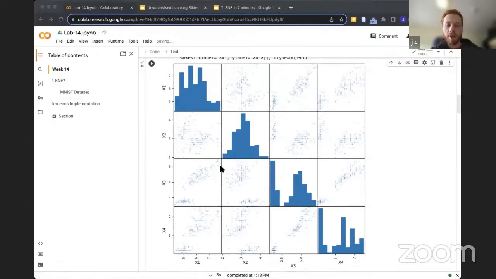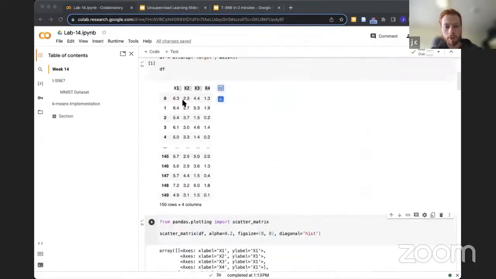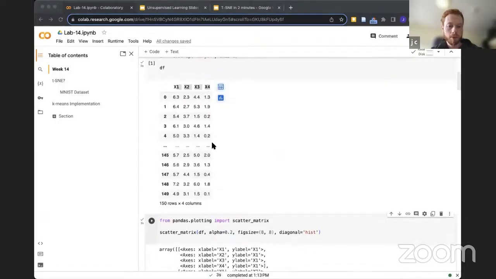how many clusters are in this data set? If you look at this data, does anyone have a guess? We see this data with our 4 variables, x1, x2, x3, x4.